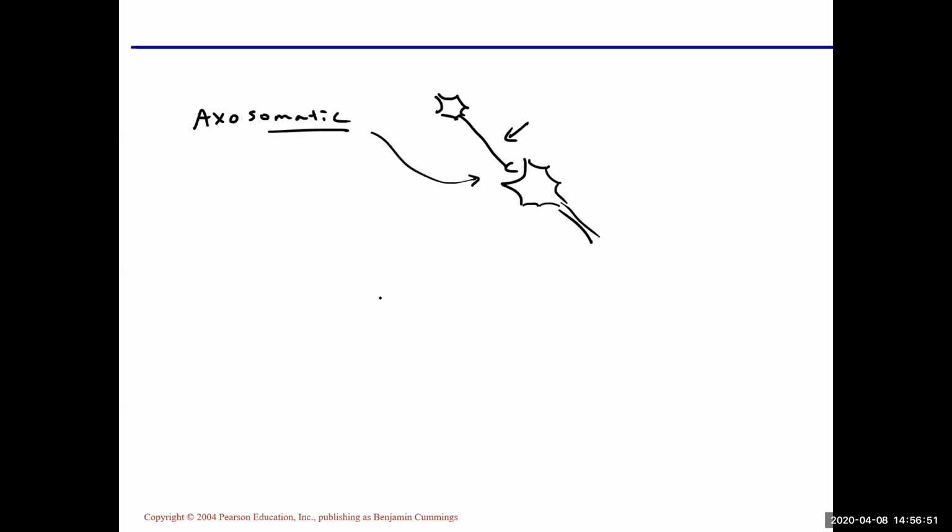All right. So there could be axodendritic. If these are the dendrites, for example, and you have another neuron with its axon coming in and communicating in here. Let's say this is a neuron and this one is the axon.